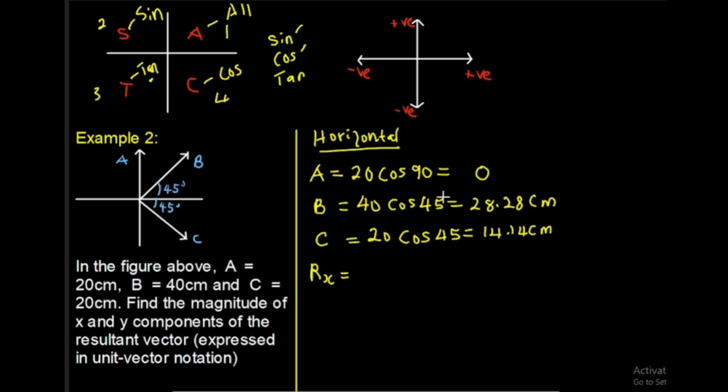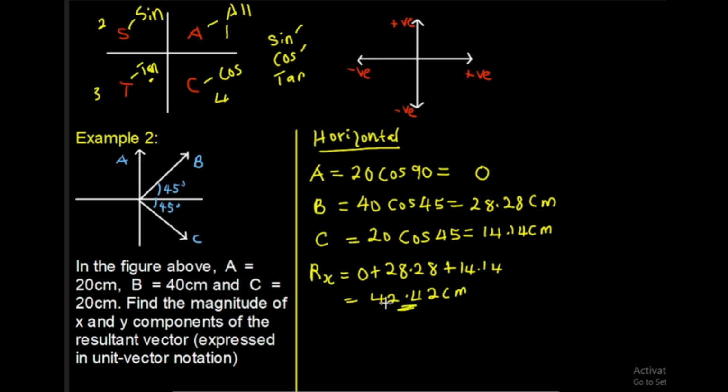Now let's get our resultant for the horizontal component. To get the resultant, when you're done, you add up everything. So we have 0 plus 28.28 plus 14.14, and that will give you 42.42 cm.